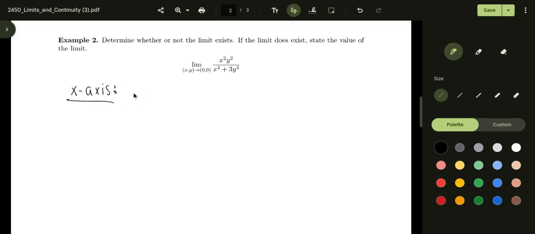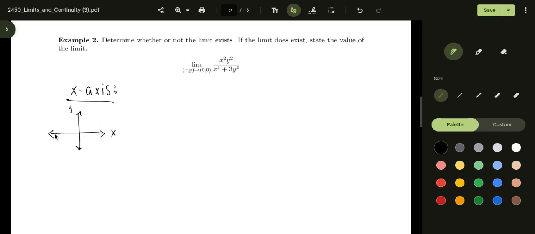And so if we do, we need to consider how y behaves. Our y is always going to be on this x-axis, right? We're only considering taking this path.